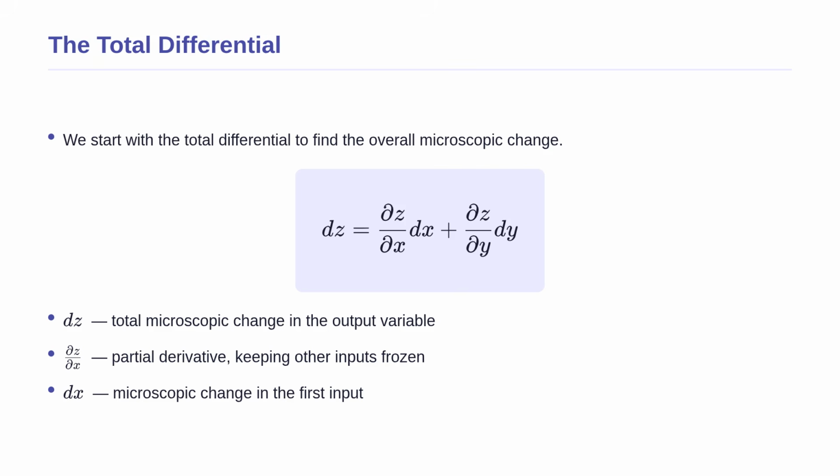The partial derivative of z with respect to x measures how much the output changes when only the first input changes, keeping everything else frozen. The term dx is the tiny change in that first input. The second half does the exact same thing for the second input. As these individual changes increase, the total change increases as well.